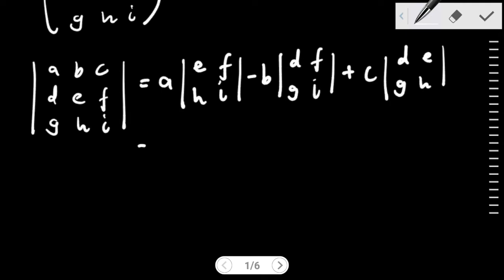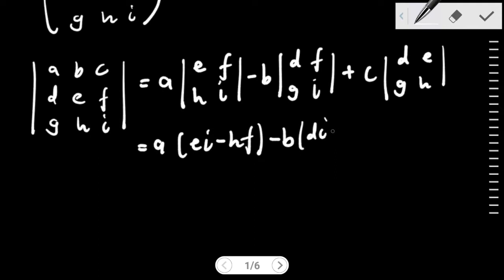So this would be equal to A times (EI minus HF), minus B times (DI minus GF), plus C times (DH minus GE).